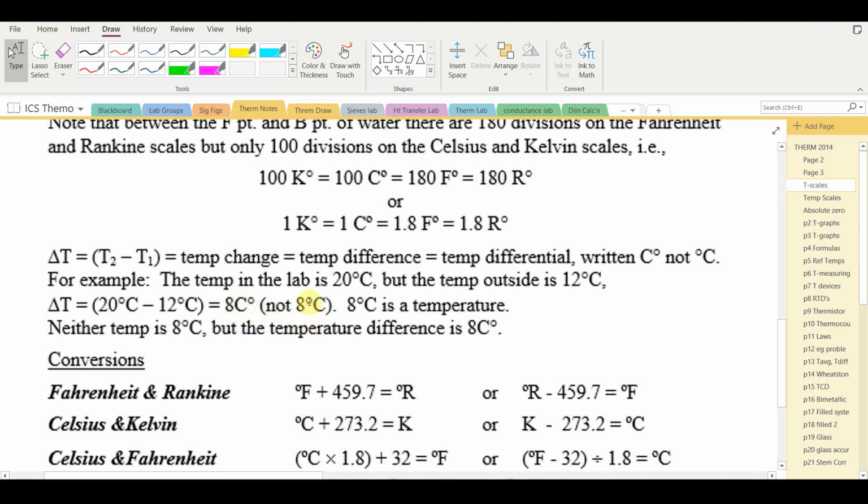If the degree symbol precedes the Celsius symbol, that means it's a temperature. So 8 degrees Celsius is a temperature, but 8 Celsius degrees is a temperature change.